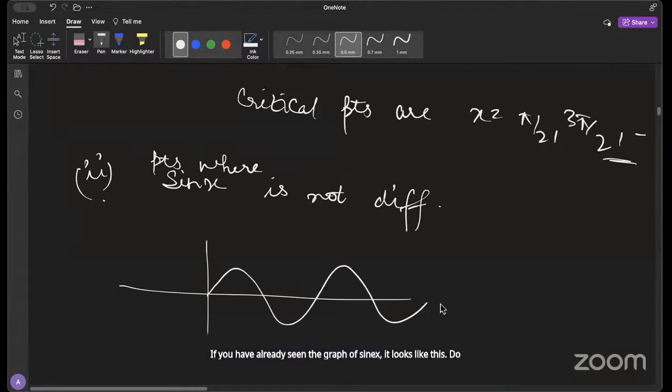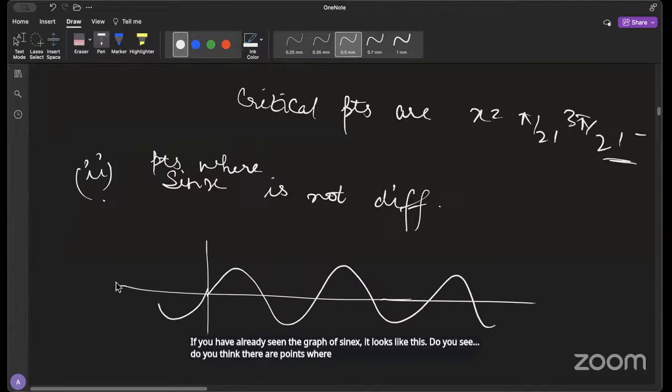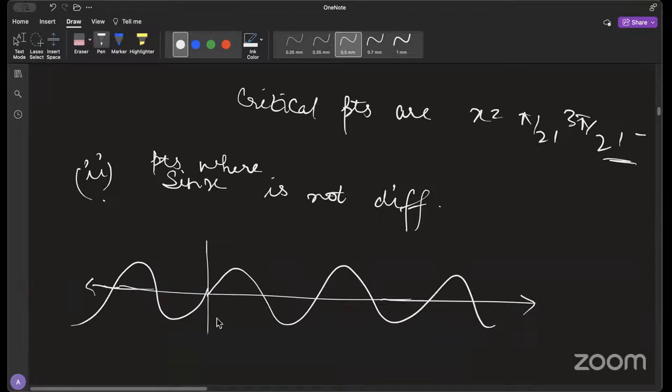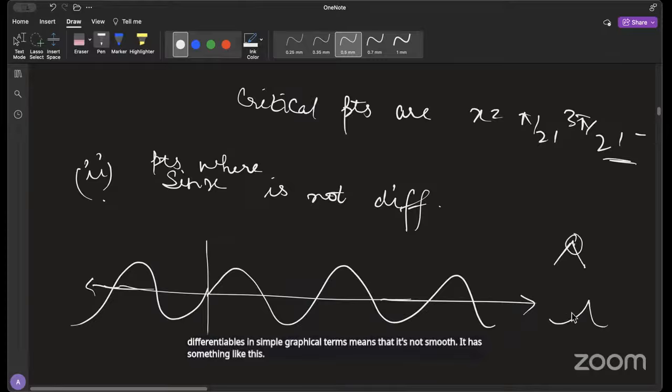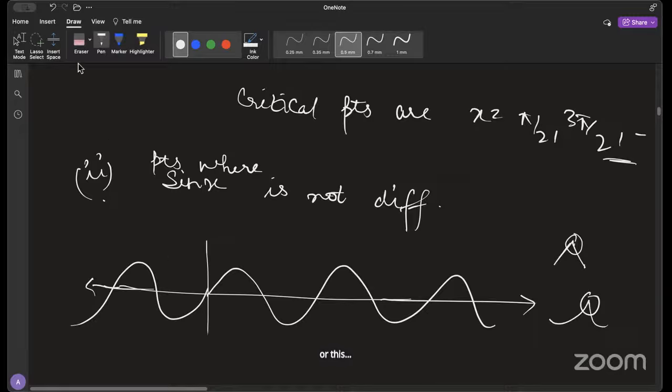Do you think there are points where this function is not differentiable? Differentiable in simple graphical terms means that it's not smooth. It has something like this or this. No. This function seems perfectly smooth, right? It keeps going on, so it's differentiable.